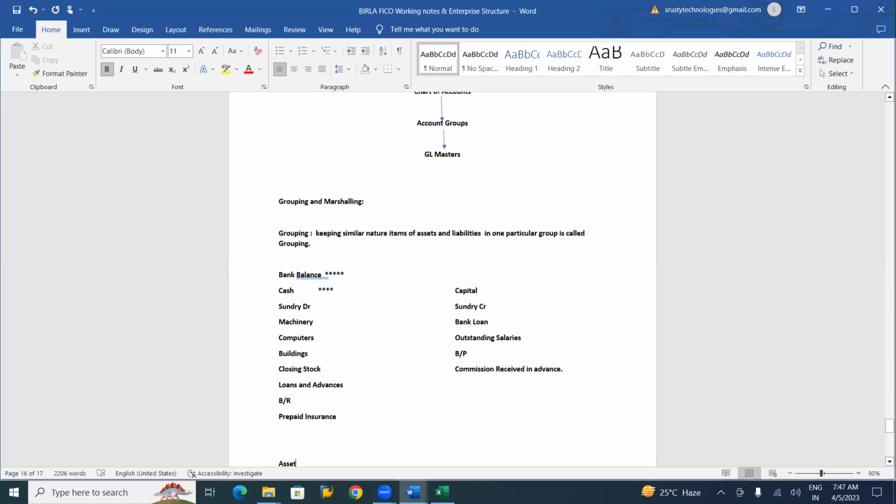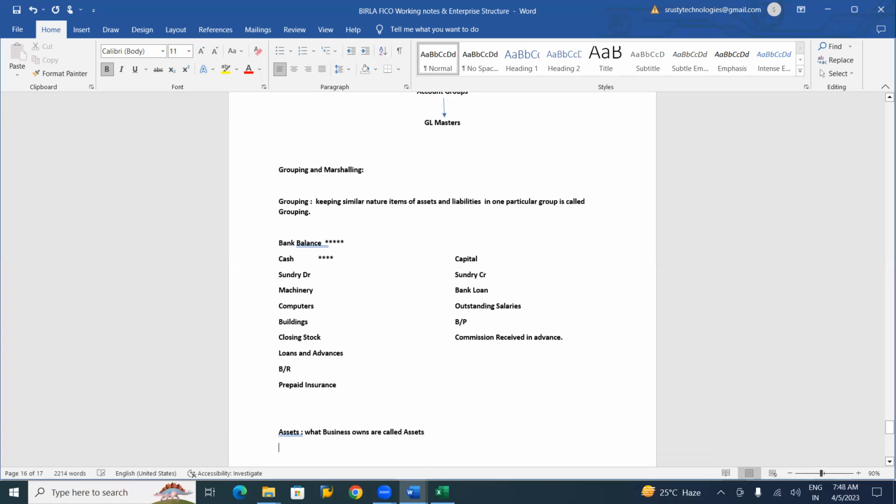Assets, we know, are what the business owns. What the business owns is called assets, and what the business owes is called liabilities.